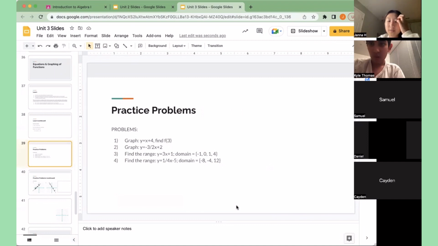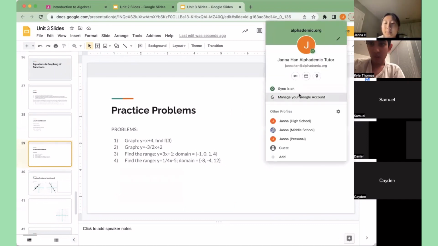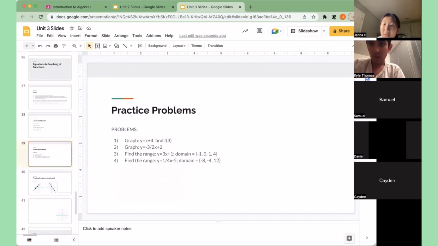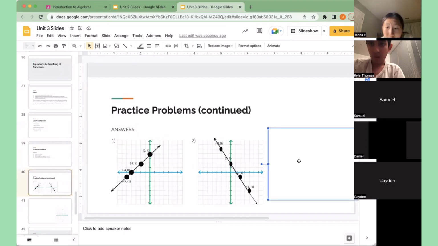So you want to find the range given that the domain is the set of numbers. So basically what you're going to do is plug in the domain for all of these. So -1 times 3 plus 1 is -3 plus 1, which is -2. So the ordered pair is going to be -1, -2.